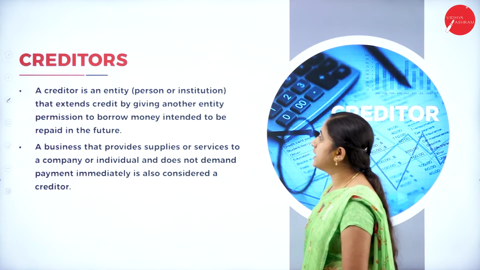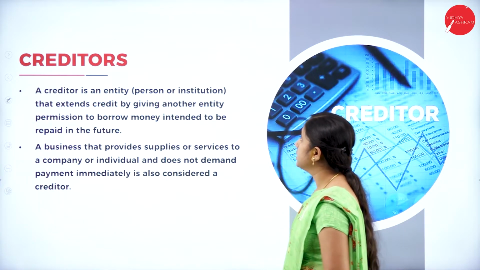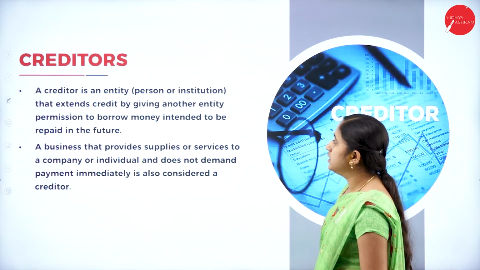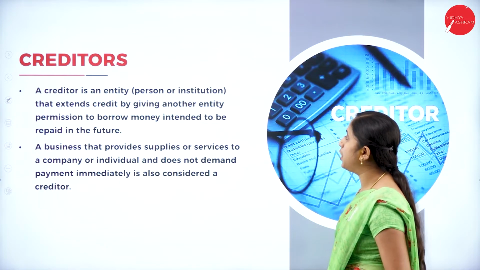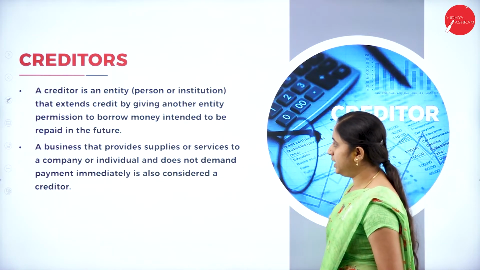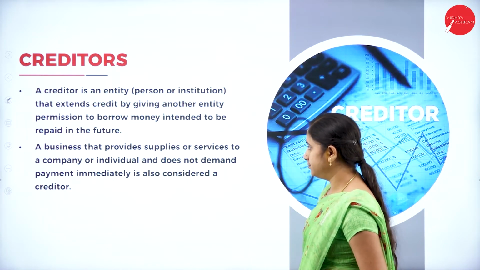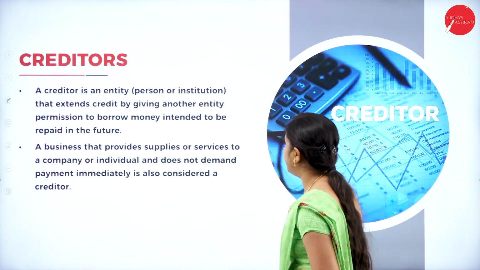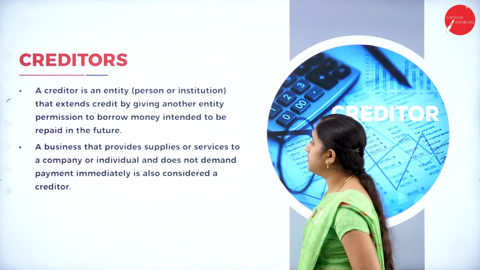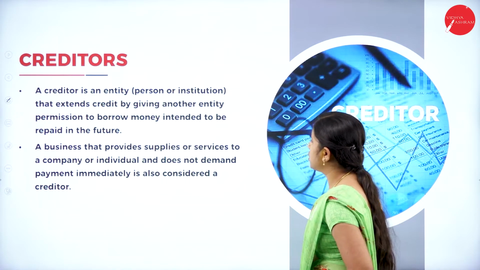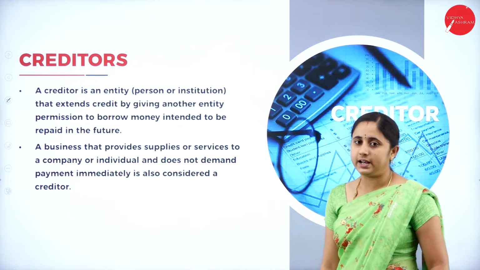creditors. A creditor is an entity, person or institution that extends credit by giving another entity permission to borrow money intended to be repaid in the future. A business that provides supply or services to a company or individual and does not demand payment immediately is also considered a creditor.